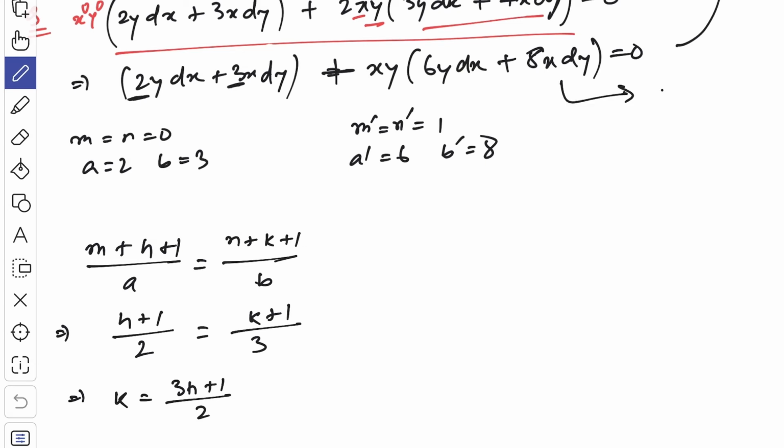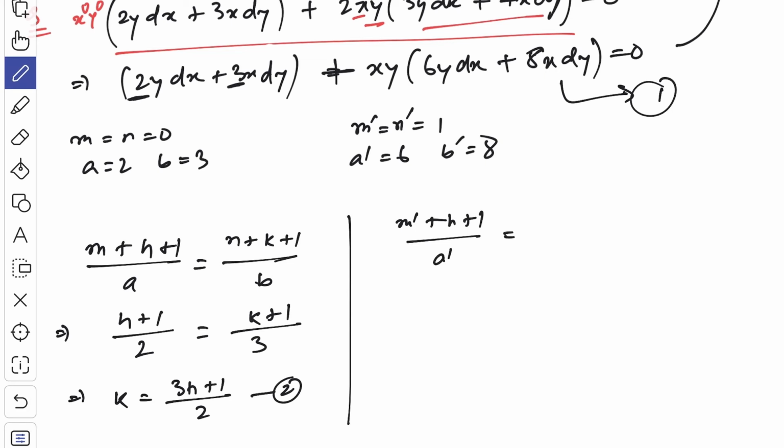So let us consider the given equation as equation number 1, and this is 2, and our next condition was m dash plus h plus 1 by a dash should be equal to n dash plus k plus 1 by b dash. Now let's put the values of m dash and n dash, then the values of a dash, b dash.